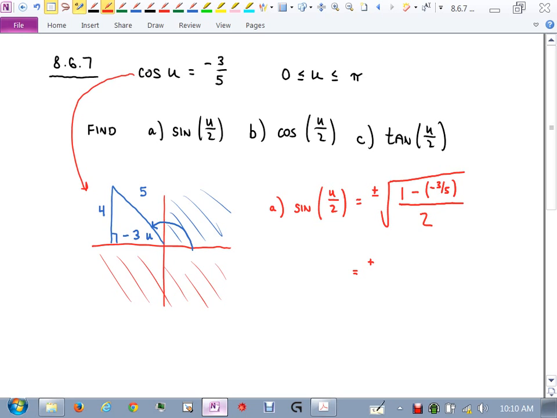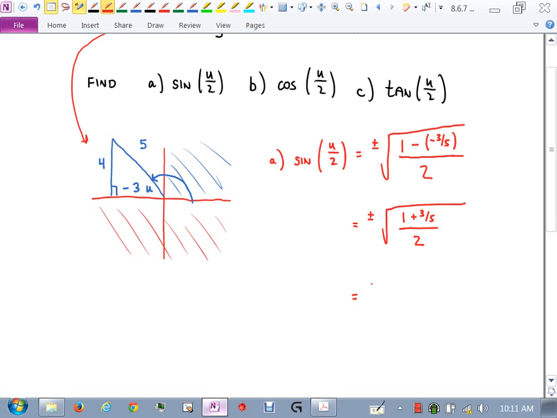which is plus or minus the square root of 1 plus 3/5 over 2, which is plus or minus, I'm going to simplify this. This is 8/5 over 2.